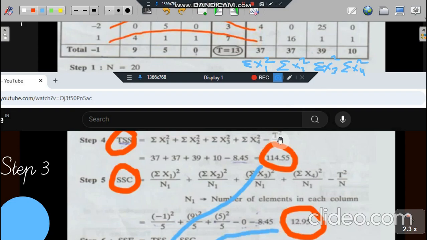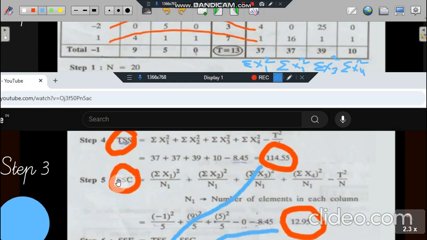So apart from this, we have to write here T square by capital N. That should come here. Right. So if you add all of them, what answer we are getting is 114.55. So we have got TSS.